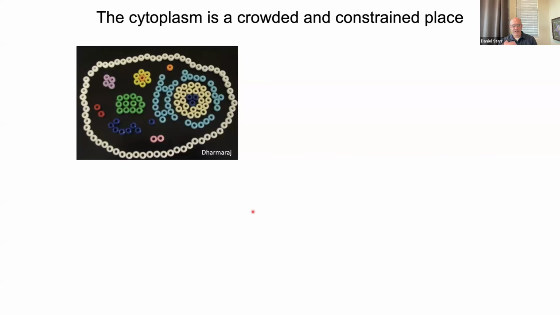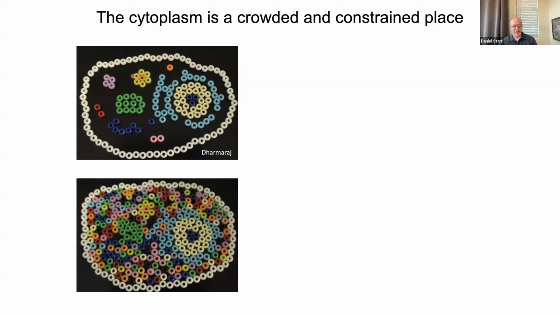All right. So let's think about the inside of the cell. In most textbooks, people draw a cell like this with organelles, and then there's this vast empty space, which we just call the cytosol. But we know that this space is not empty, and that you should really draw the cell like this. The cell is a very crowded place.